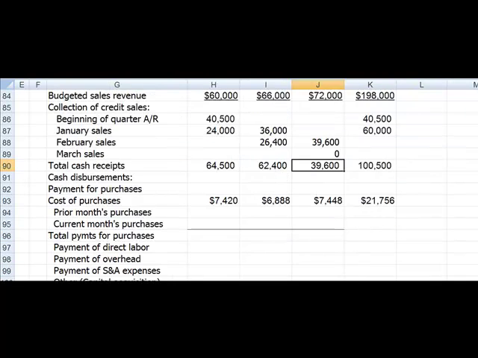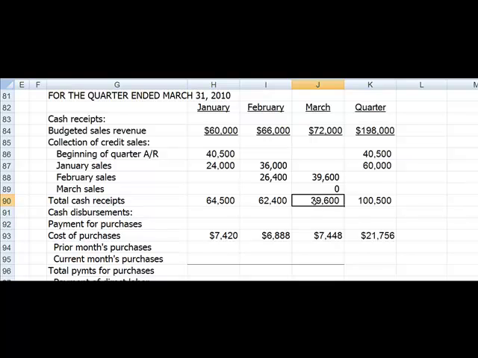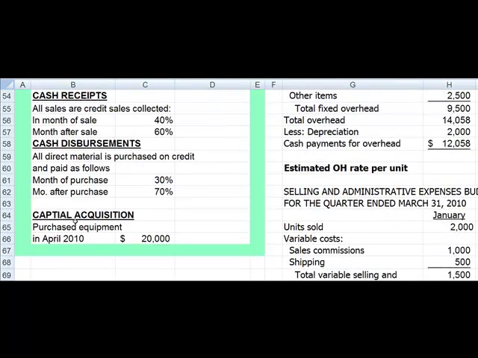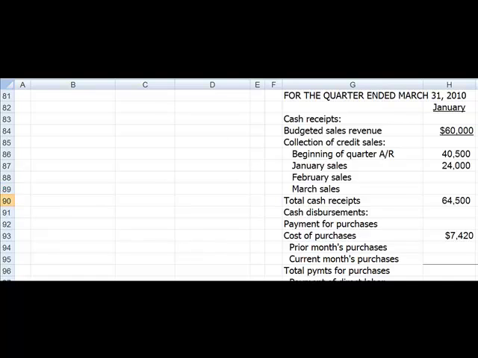So I have my March sales now. Whoops, I didn't do it right. So equals March times, and go over and pick up my 40%. There we go.